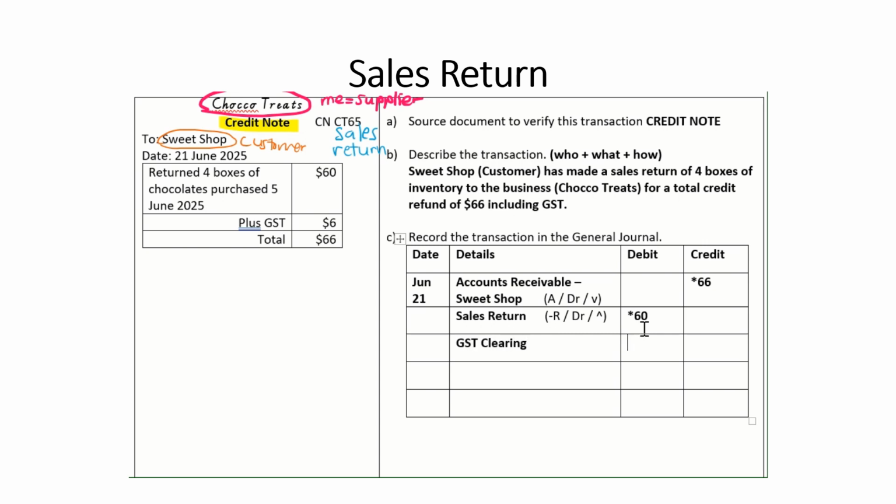And the GST clearing, reversal of the GST from the original sale, it will also be a $6 on the debit side. The customer, Sweet Shop, has returned inventory to the business. So in other words, as the business, we have received the inventory back, and it's an asset debit going up.